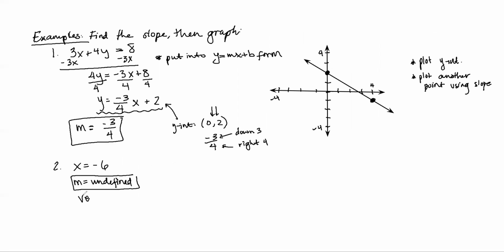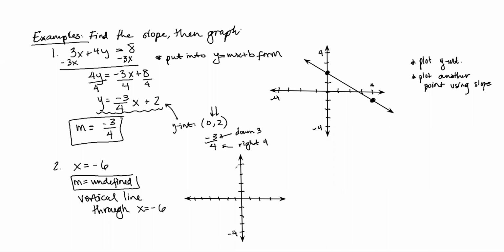And we're going to have a vertical line, and it's going to go through x equals -6. So now if I go ahead and draw out our graph here, we know that our x goes all the way to -6. So I'm going to make it a little bit longer on the left. We're going to have 1, 2, 3, 4, 5, 6. 1, 2, 3, 1, 2, 3, 4, 1, 2, 3, 4.